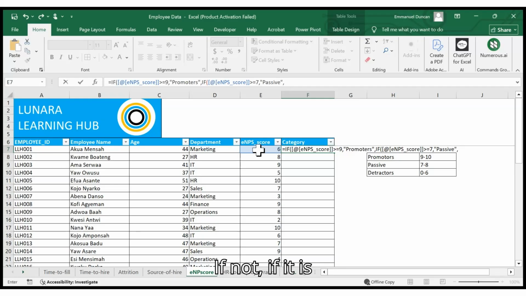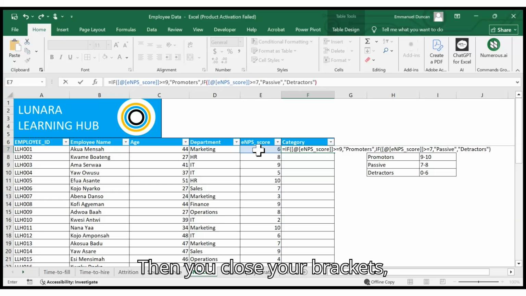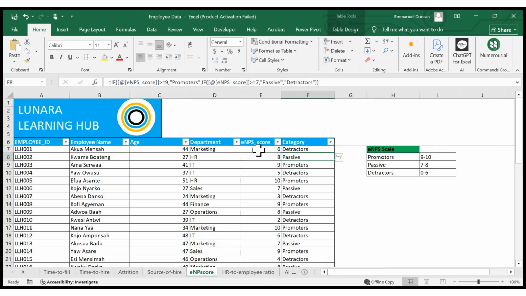If not, if it is less than 7, then they are detractors. Then you close your brackets, two brackets, then you press enter.